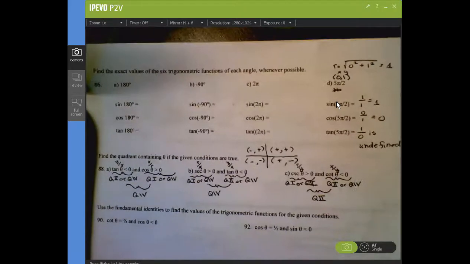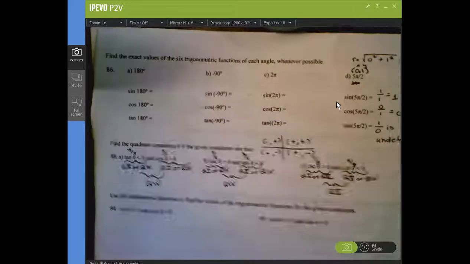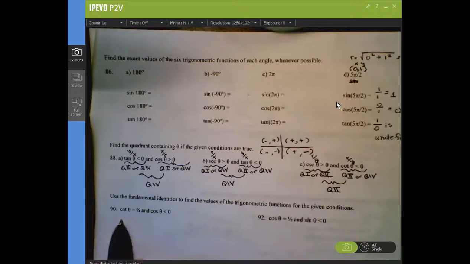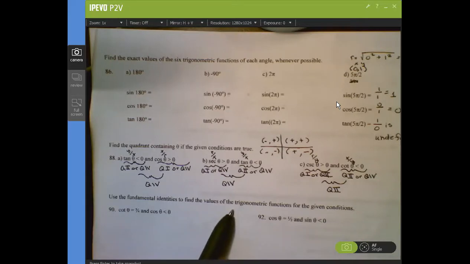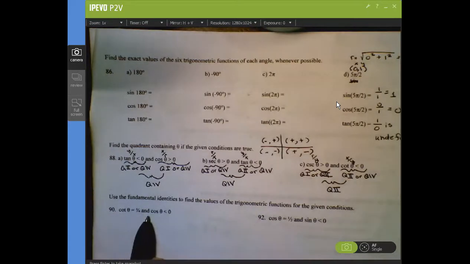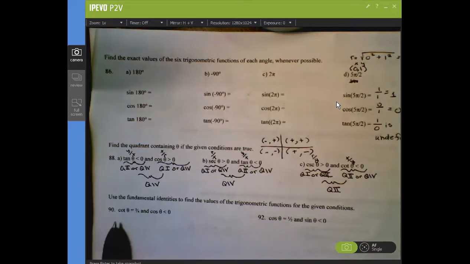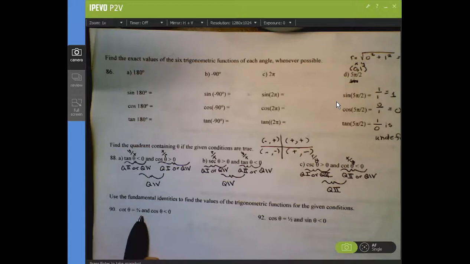All right, last kind of problem. 2 more examples. 90 and 92 say use the fundamental identities to find the values of the trigonometric functions for the given conditions. We're given 2 conditions in number 90. We're told that cosine is negative and cotangent of some angle theta is 3/4.